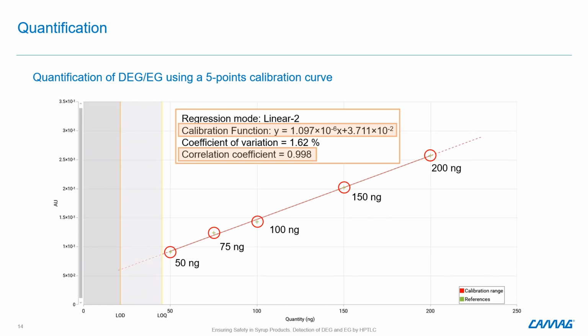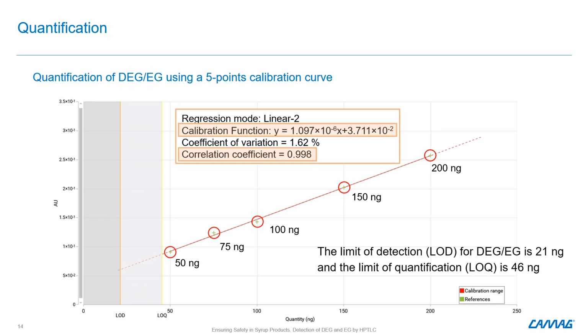Using VisionCat software, we also calculated the limit of detection and the limit of quantification of DEG and EG. The LOD was determined to be 21 nanograms and the LOQ came out to 46 nanograms, confirming the method's high sensitivity and suitability for trace analysis.